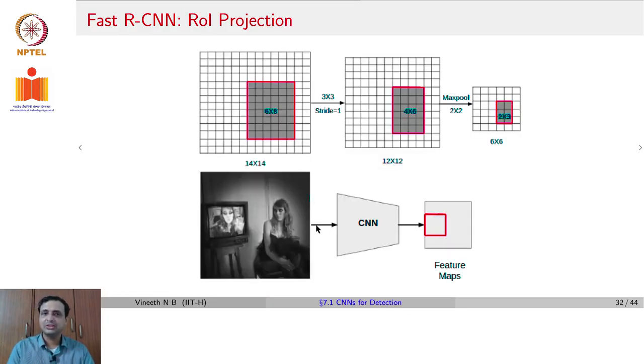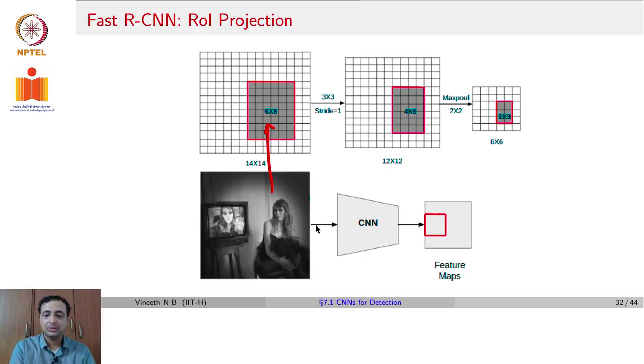So now, how is the region of interest projected? We said that you take these region proposals that are outputs of the selective search approach and map them into the feature maps. How would you do that? Let's assume that this 6x8 patch was a region proposal in your original image.